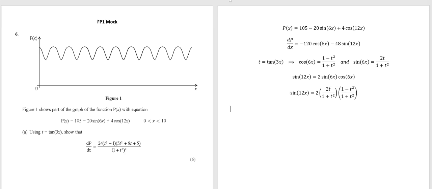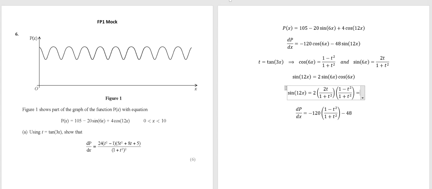Once we've got those pieces, we can go back to our expression dp by dx and substitute in. So minus 120 lots of cos 6x, that's 1 minus t squared over 1 plus t squared. And then minus 48 lots of sine 12x. Well, we've got quite a lot going on with sine 12x, so perhaps before we substitute it in, we try to write it in a slightly more simple way.